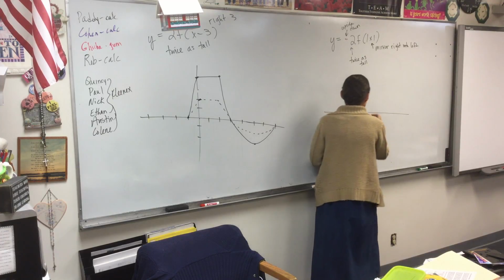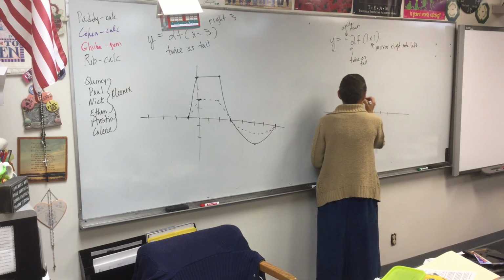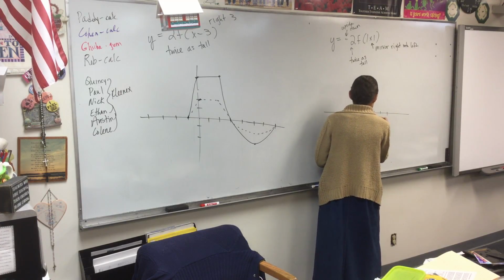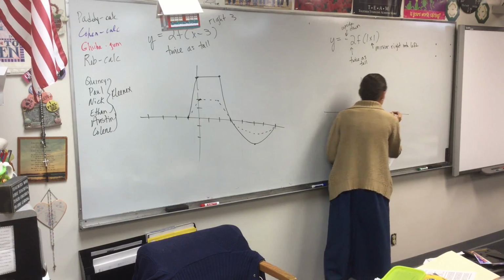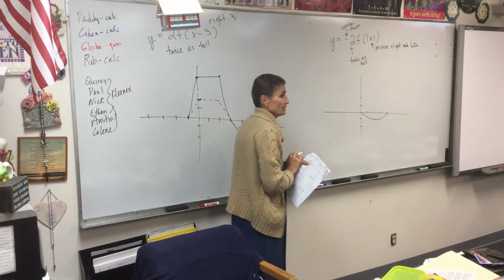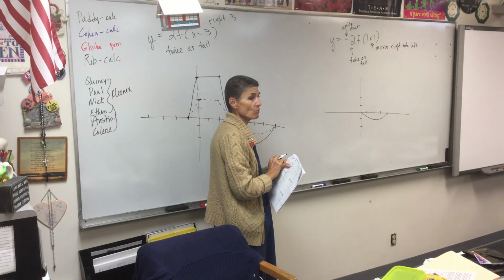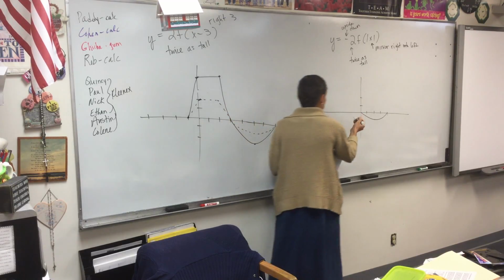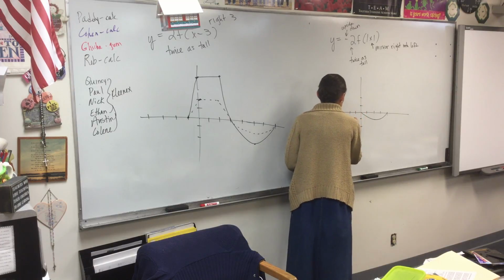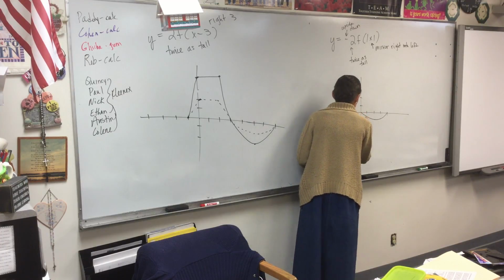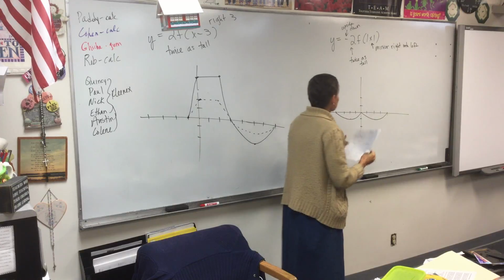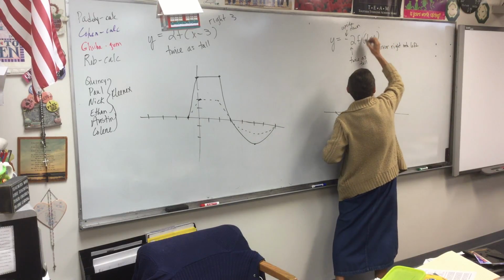So I draw the right side of the picture. There's the right side of the picture. Now I mirror that onto the left. So that takes care of this right here.